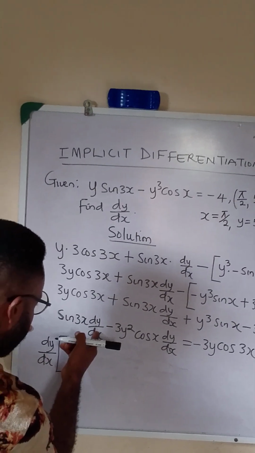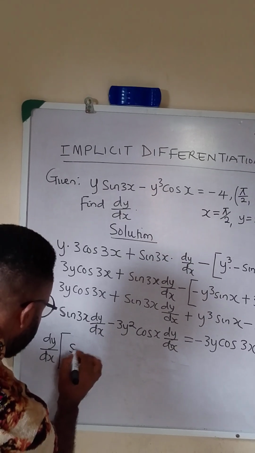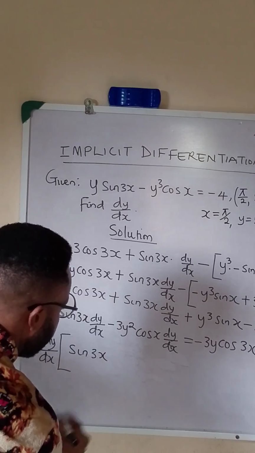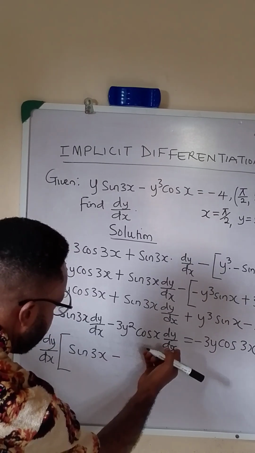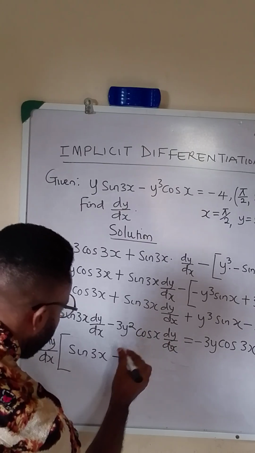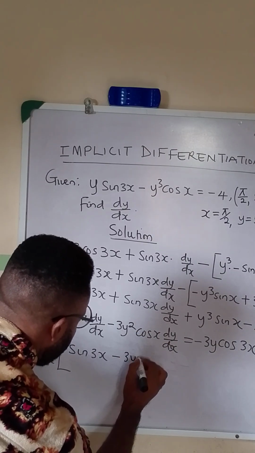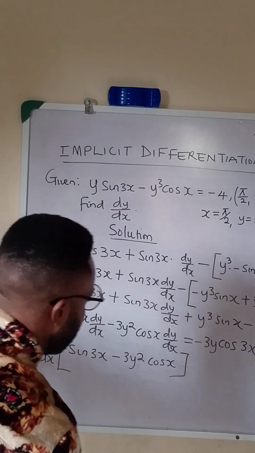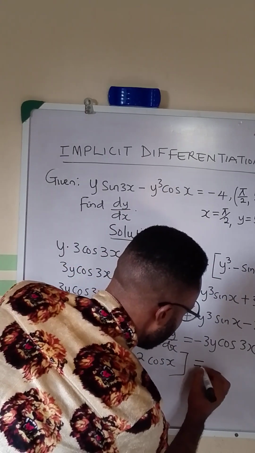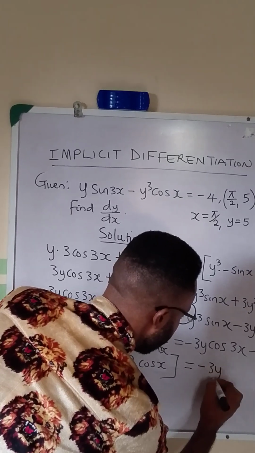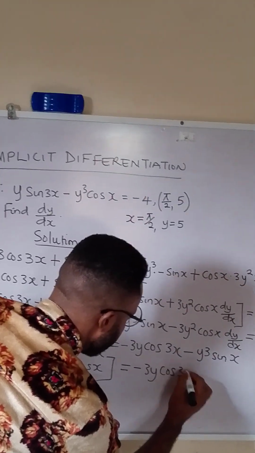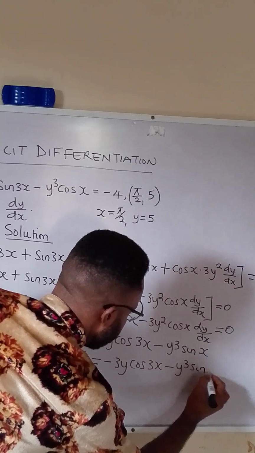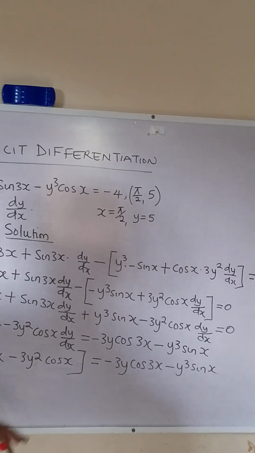If we bring out the dy dx from this, we are going to be left with sine 3x minus, if we bring out the dy dx from here, we are going to be left with 3y squared cos x. So this is equal to minus 3y cos 3x minus y cubed sine x.